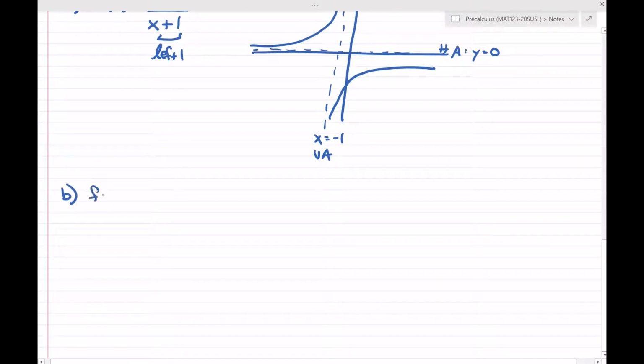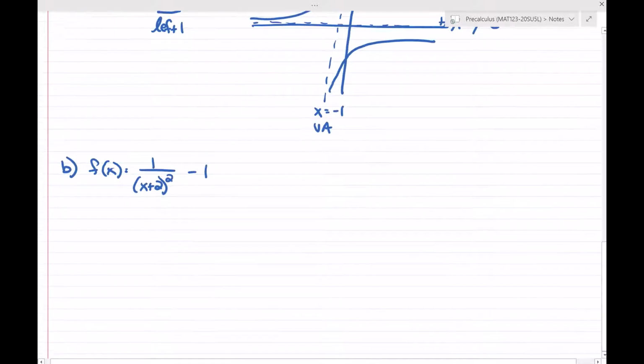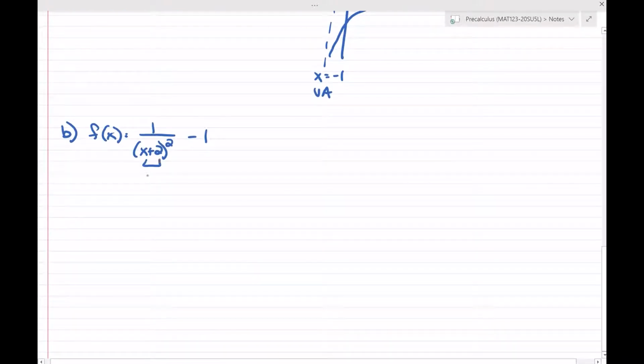What if we said f of x is equal to 1 over x plus 2 squared, and then minus 1? So we have a change here. We're going to go to the left 2 because we have 2 on the inside of the function, and then down 1. So this is what the parent graph looks like.